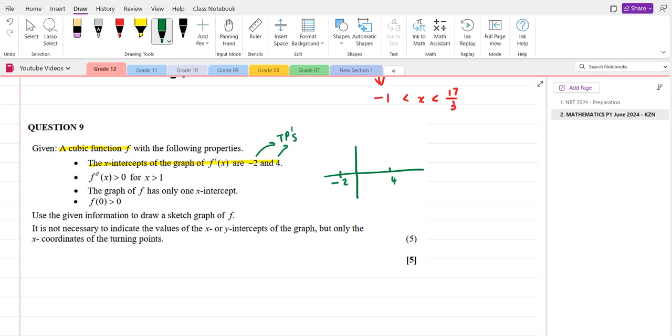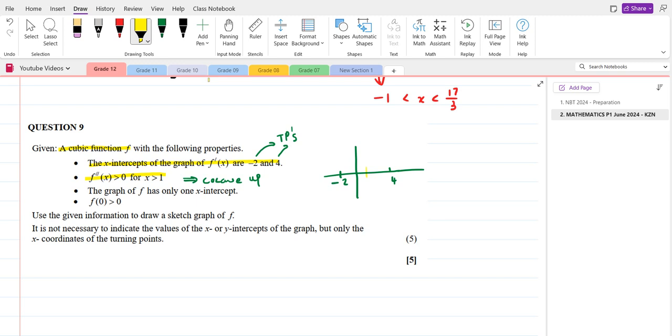Right, so I've interpreted the first one. We know the graph is concave up for x is greater than 1. The graph is concave up after 1. So we know there's an inflection point here. So this is concave up. So the graph is doing something like this.